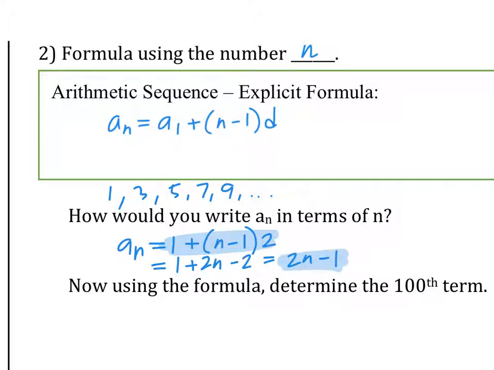Now with this formula, we can figure out the 100th term without cranking our calculator. So what we can do is just find the 100th term. Go ahead and figure out what is the 100th term of this list of odd numbers.